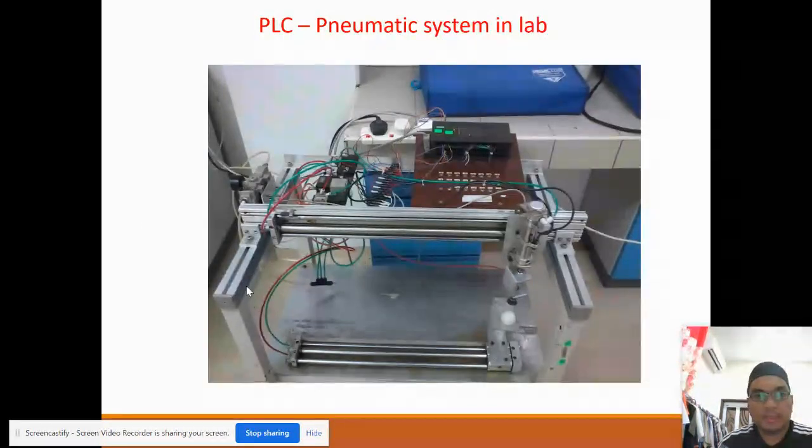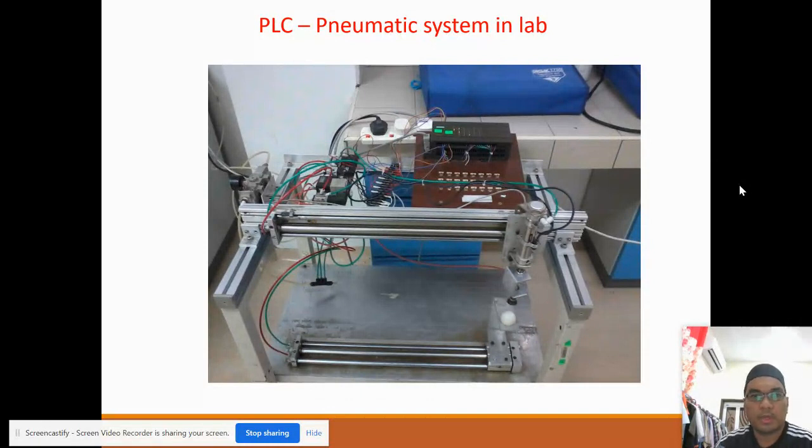So this is the setup that we have in the lab, but unfortunately this semester you need to go on online class. In practical sessions you can use it to do your group project report, but unfortunately it cannot happen this semester due to COVID-19 issues.